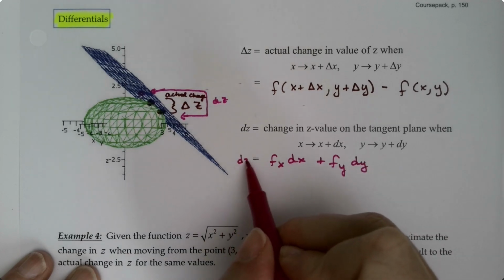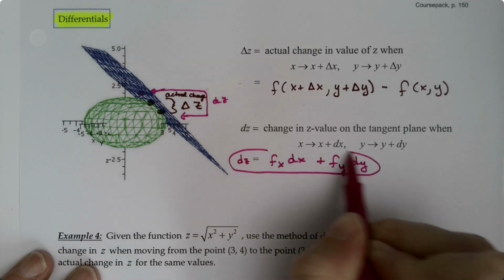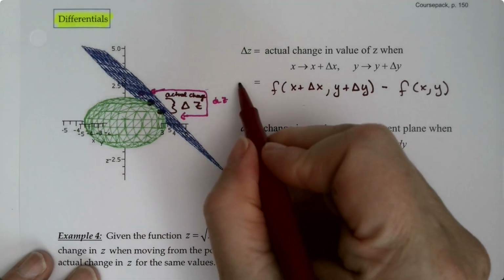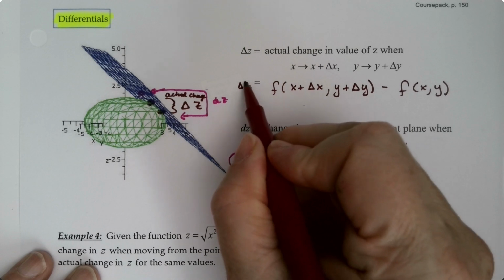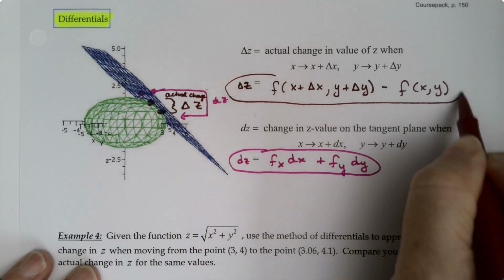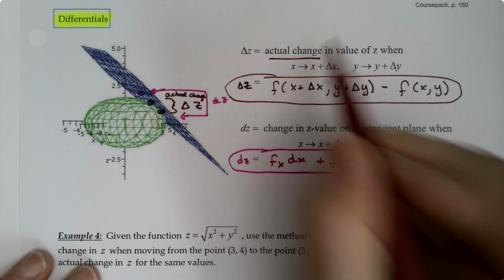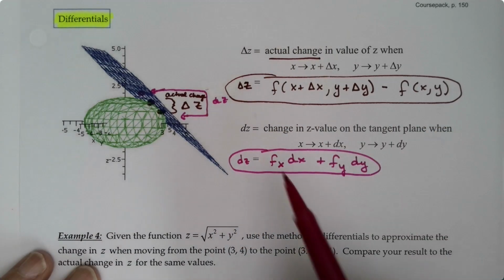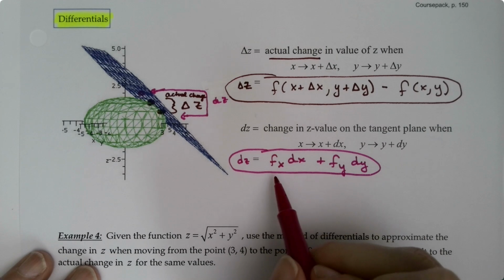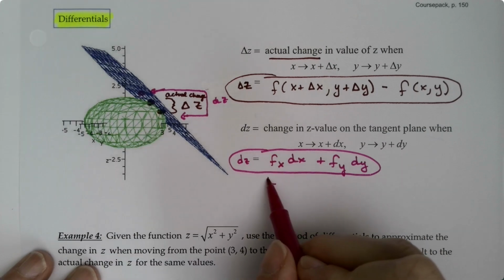So this is dz right here, and this is delta z right here. Delta z is the actual change, and dz is sort of an approximate change, since you'd be using the tangent plane.